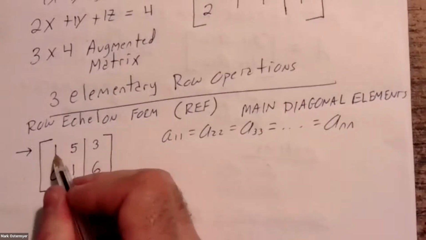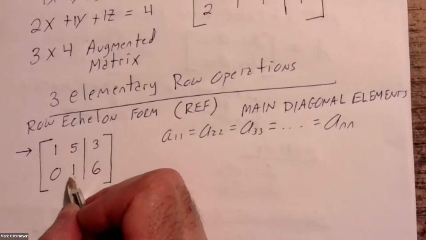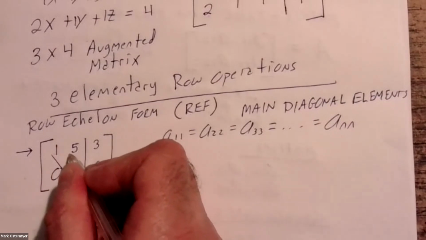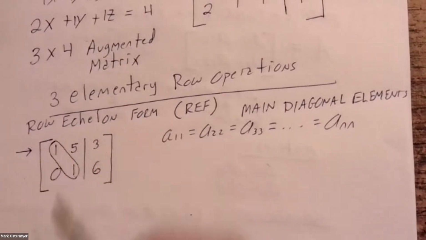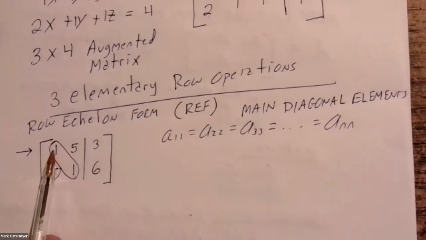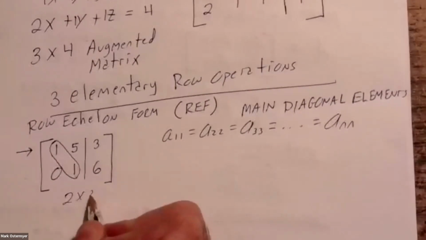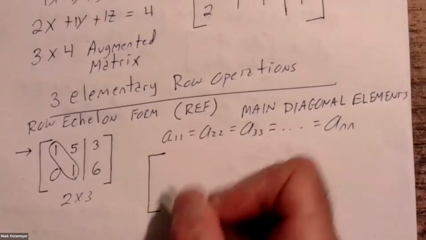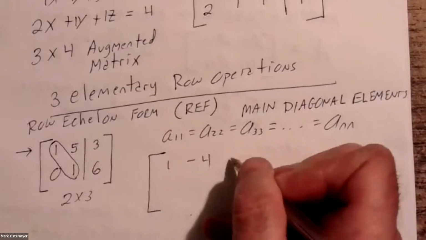Okay, so the 1-1 and the 2-2 entries of this matrix, notice, are all 1s. And that is also going to be a characteristic of a matrix in row echelon form: on the main diagonal you must have either all 1s or a 0. All right. This is an example of a 2x3 matrix that's in row echelon form. Here's an example of a 3x4 matrix that is in row echelon form.